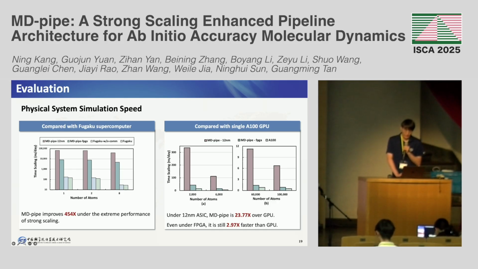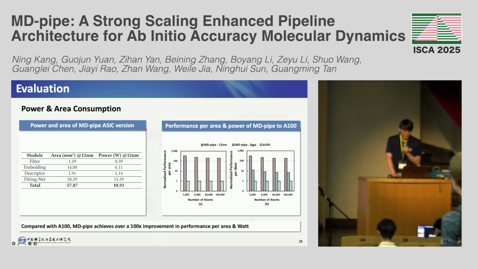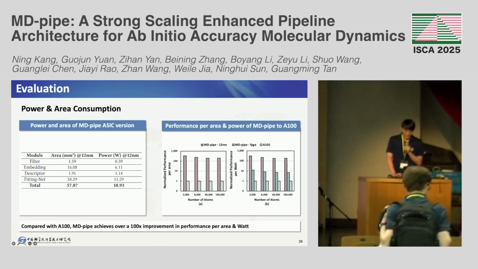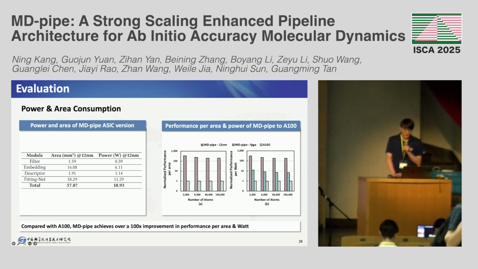The ASIC version of MD pipe is 23.7 times faster than a single A100 GPU. And even the FPGA version shows a significant improvement with a 2.97 times faster performance boost over A100.